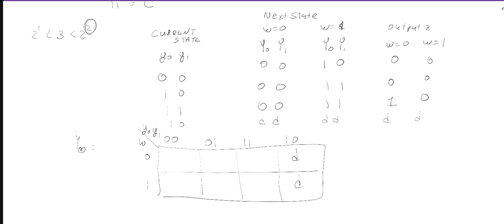So for Y0, this is the first column. And we see when W equals 0, we have zeros, and when W equals 1, we have 1s. And so I can say that Y0 equals W.